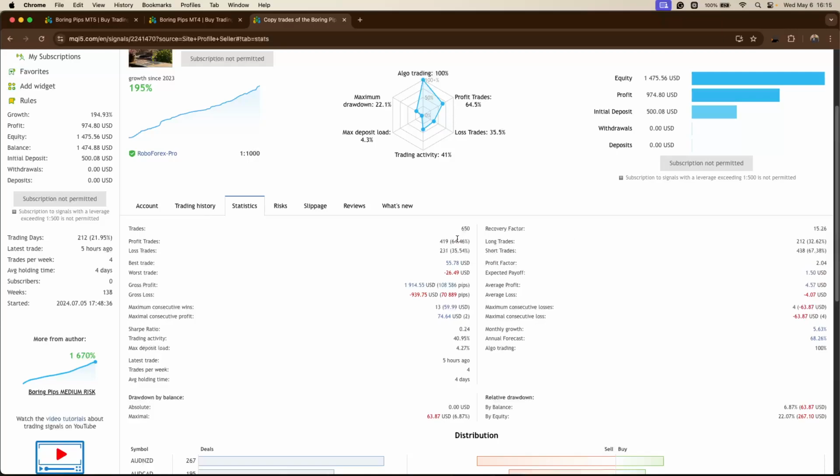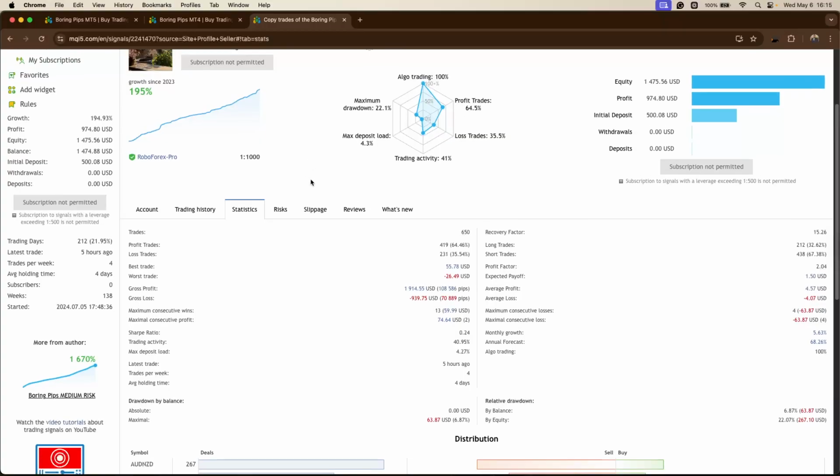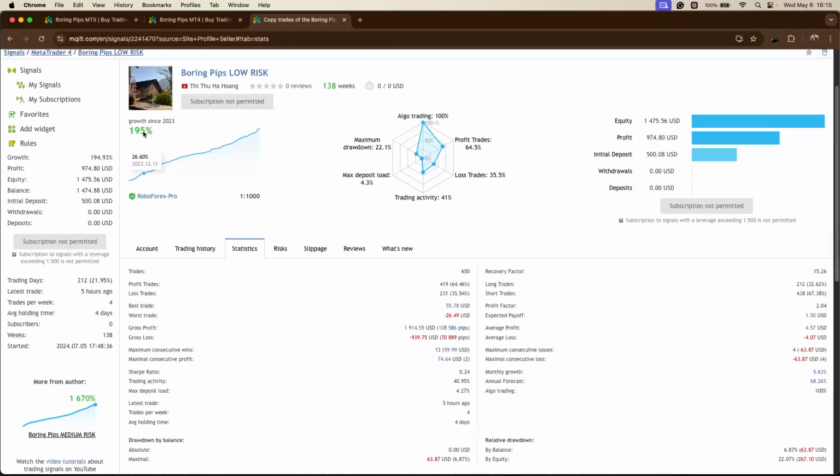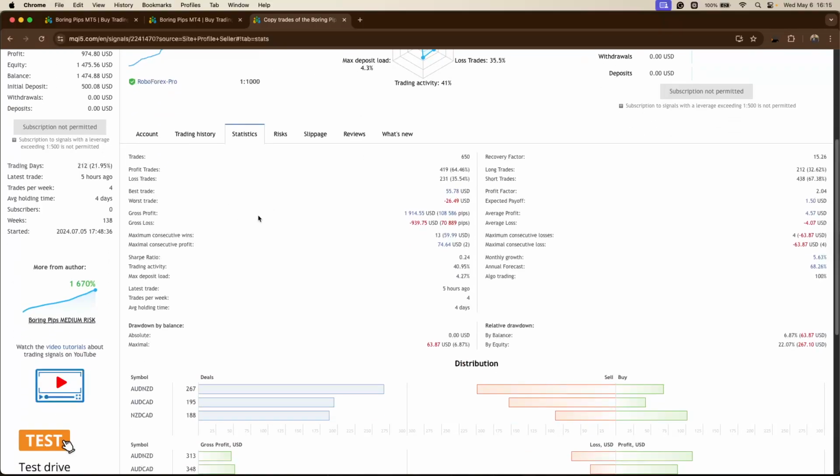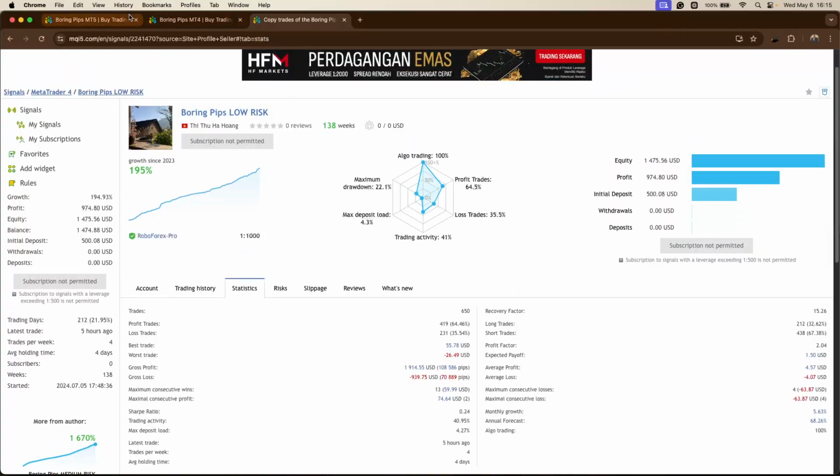So that is impressive, and this has been running since September 2023, and we are currently in May 2026. So it has had a 195% growth since then. This is impressive for the low risk signal which they've published.